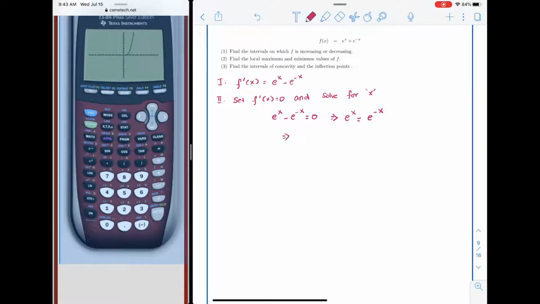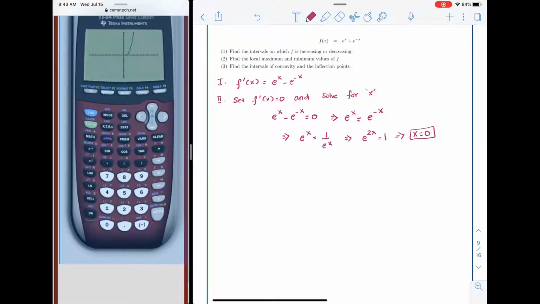That would mean e raised x equals 1 over e raised x, e raised 2x equals 1, and that could only happen when x is equal to 0. So there happens to be one critical value.